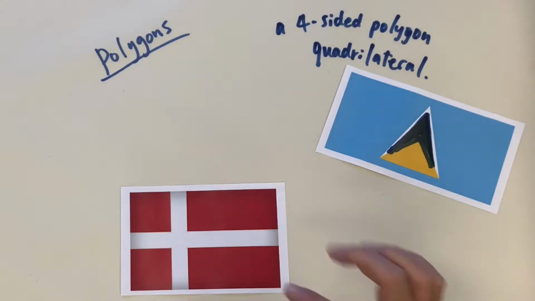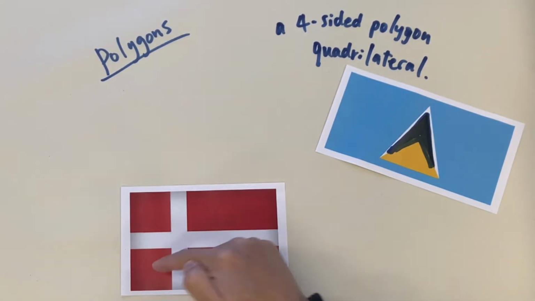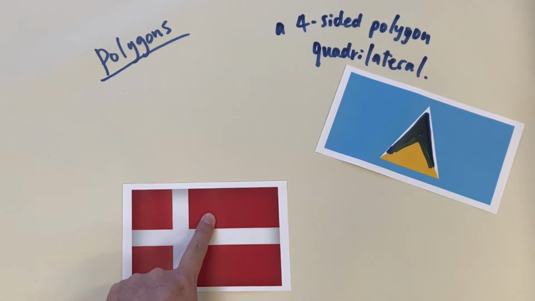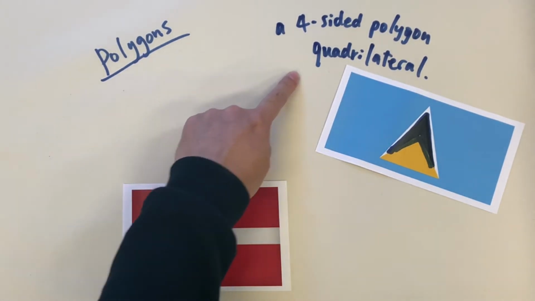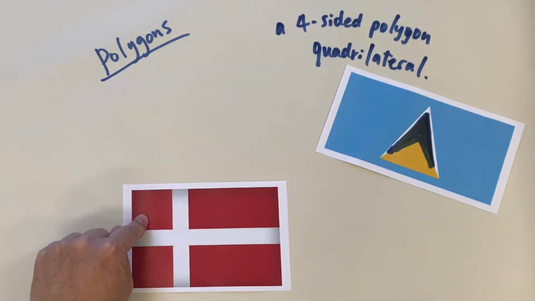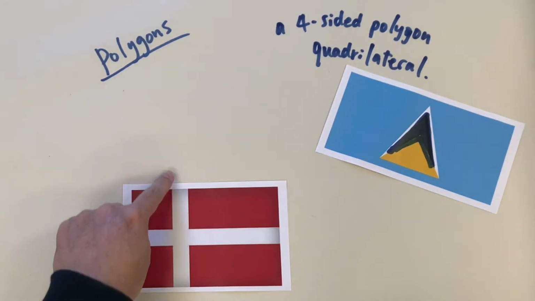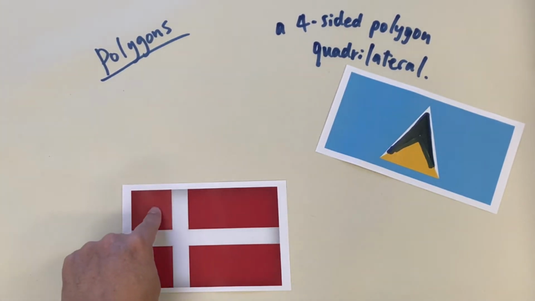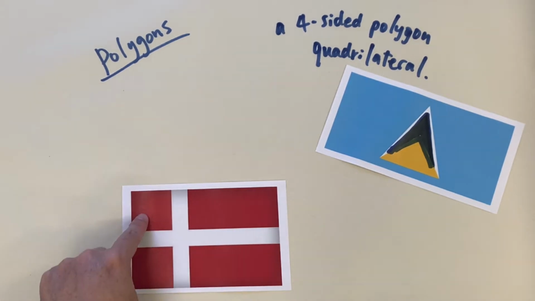Now, I think you saw 4 red shapes. Here's a rectangle, which is part of quadrilateral. And this is actually a square. I actually Googled the dimensions of the Danish flag, and there are 2 squares here. So we have 2 squares and 2 rectangles.